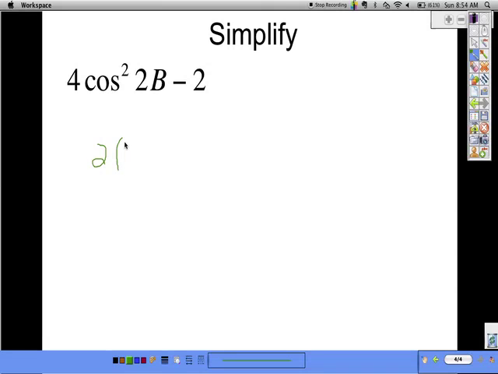So I'm going to factor that out. The 2 that's with the b here needs to stay there. That's not a coefficient of 2, but a double angle.